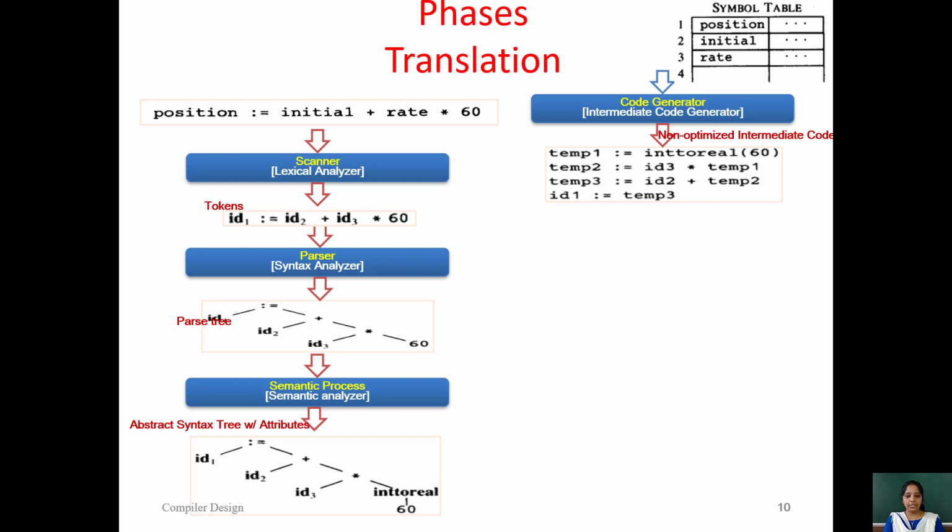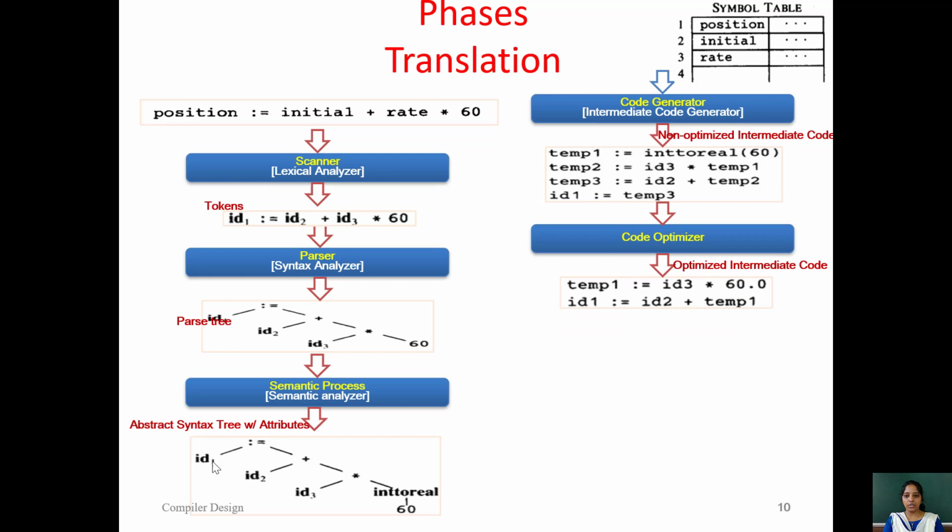Then id3 into temp1 is stored in one more temporary variable, temp2. Now id2 plus temp2 is stored in the temp3 variable, then temp3 will be stored in id1.